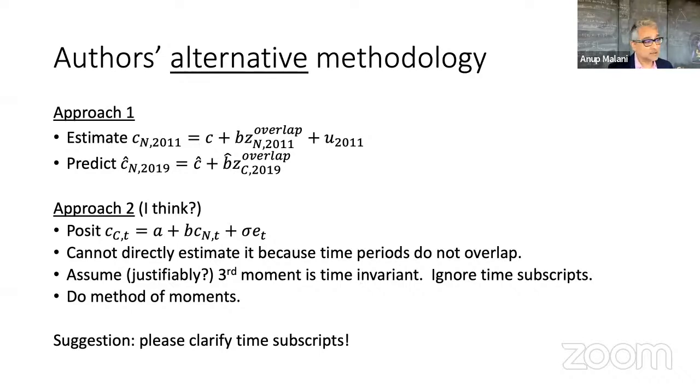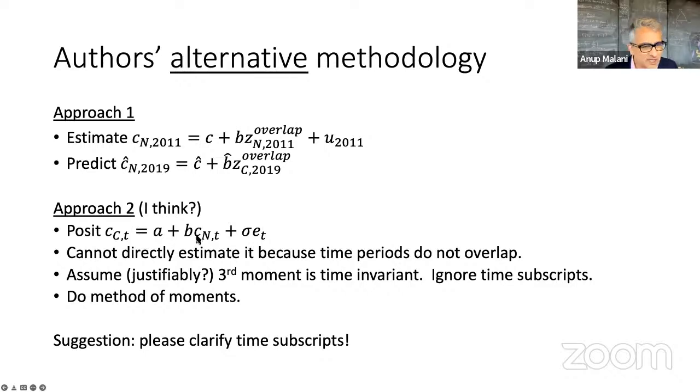Let's call those Z. Then we estimate a regression where consumption in 2011 in NSS is a function of the overlapping variables in NSS. I'm going to estimate C and B. Then I'm going to predict NSS consumption in 2019, which I don't observe, using those coefficients times the variables in CPHS that overlap with NSS. That seems like a reasonable approach.